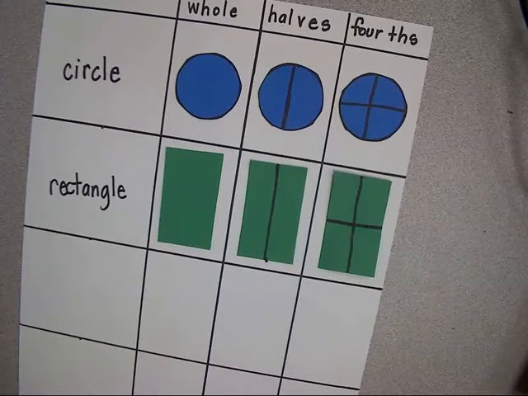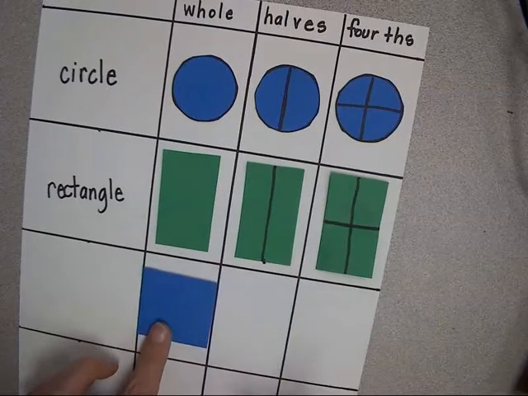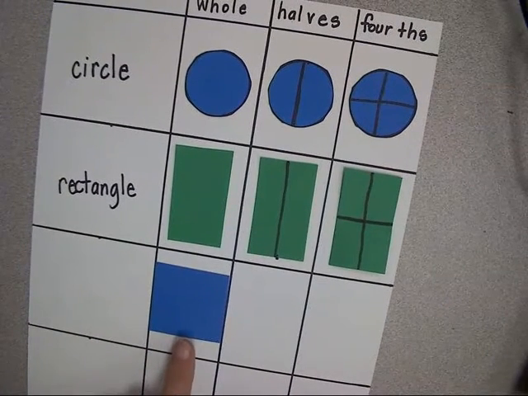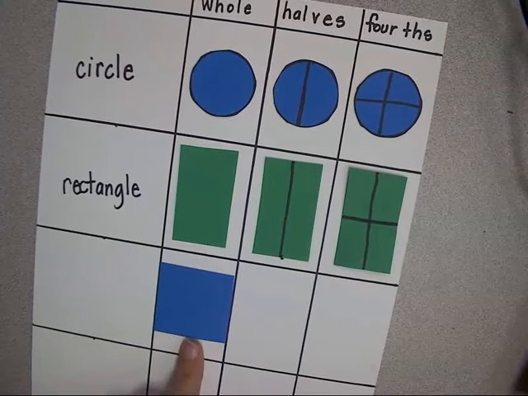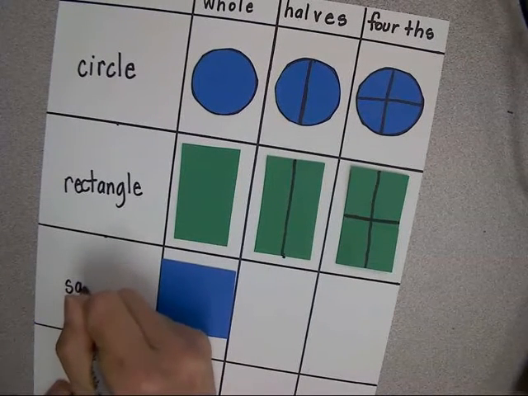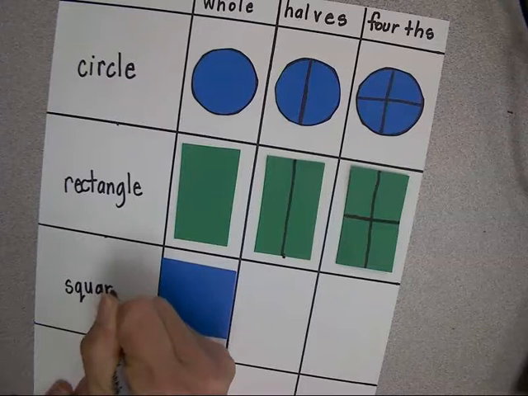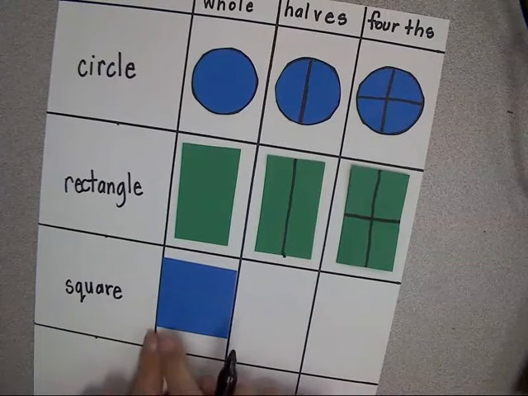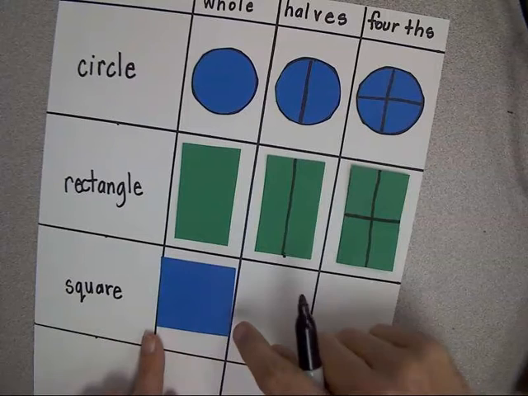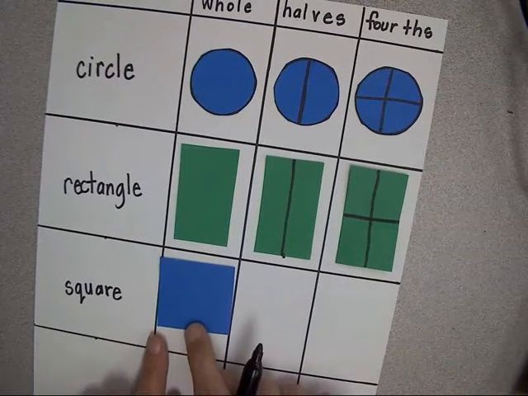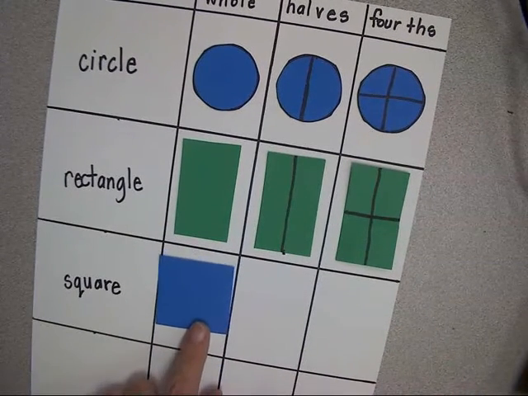Let's look at our next shape. This is a special kind of rectangle, isn't it? What is this called? A square. A square has 4 sides and 4 vertices, but all of the sides are the same length. So this is a whole square.